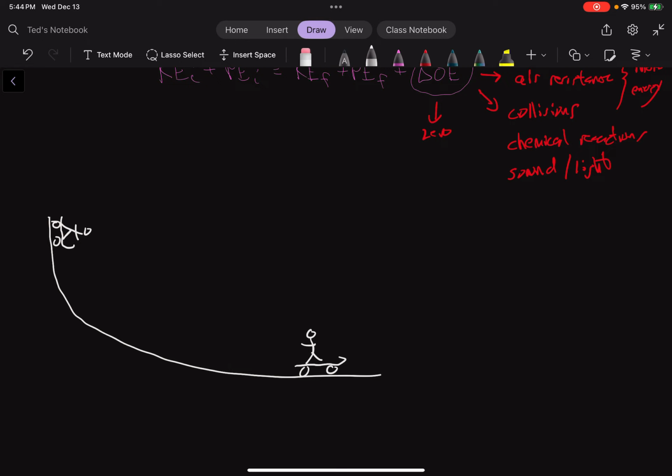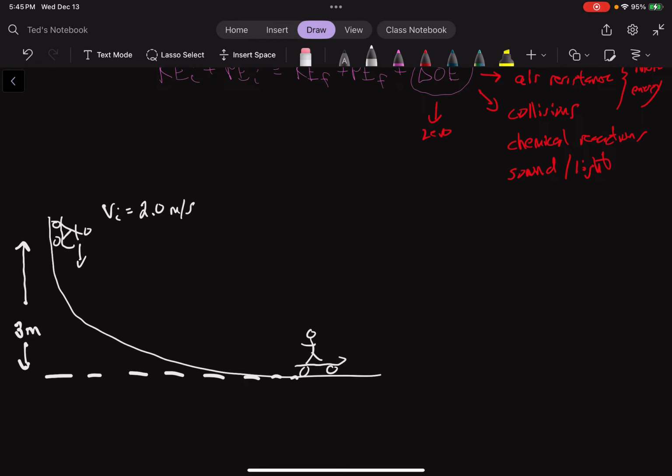And we know that he starts out 3 meters above the ground. And he also starts out with an initial velocity of 2 meters per second. So he does not start at rest. He starts out already moving down the ramp.